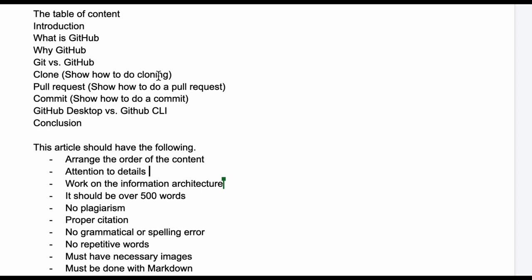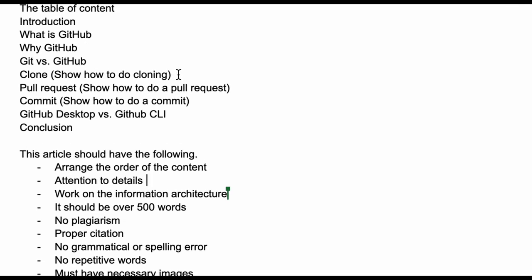Number one I'm having here is clone, and I said, show how to do cloning. So you explain clone, then you show how to do the cloning. You explain pull request, then you show how the pull request is being done. Same with the commit. So this is what I want to see.